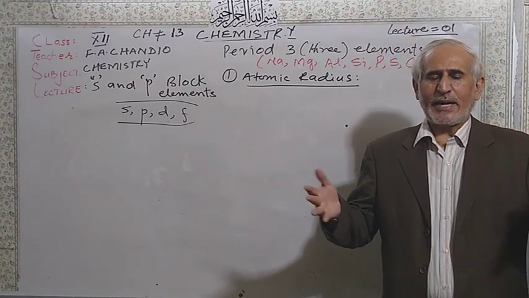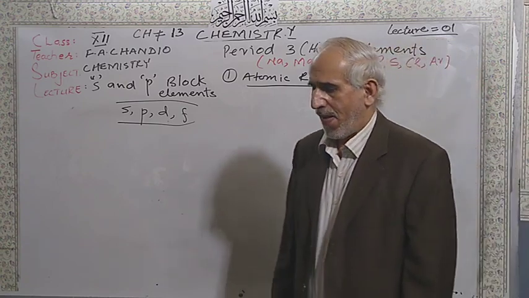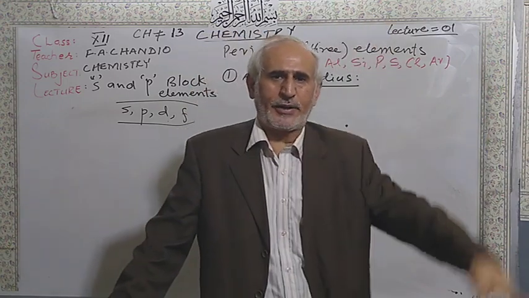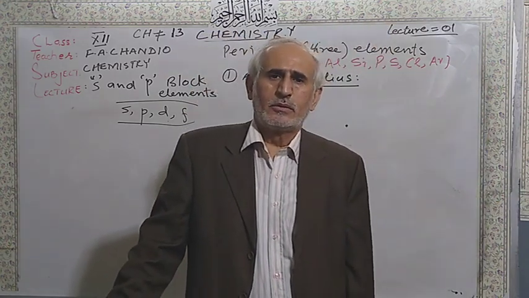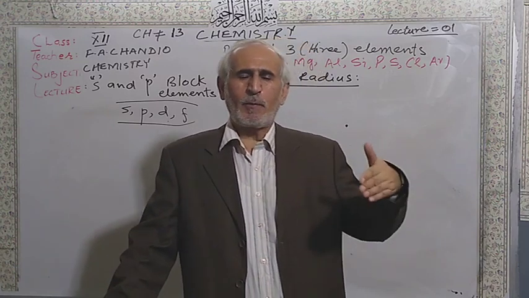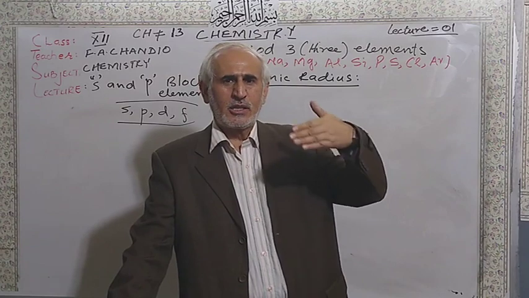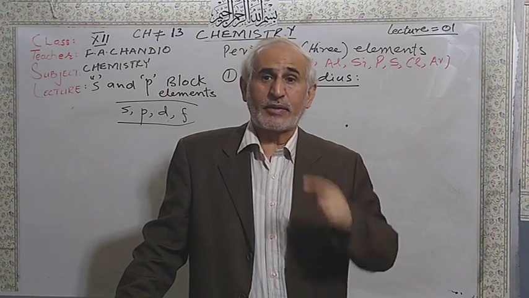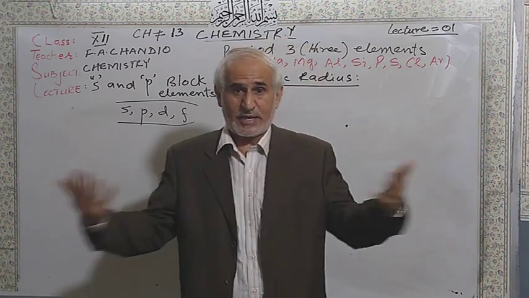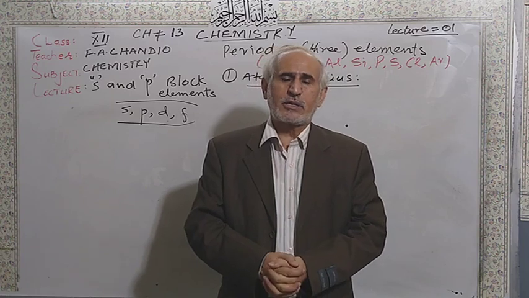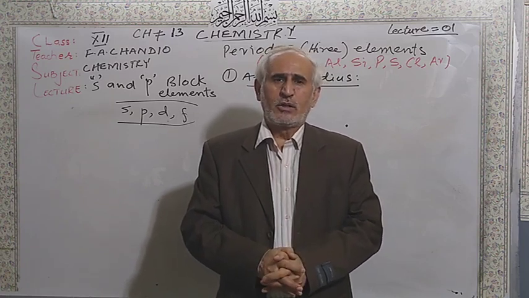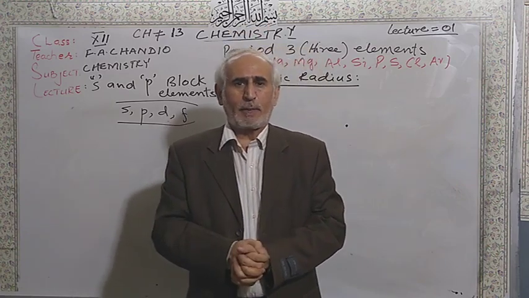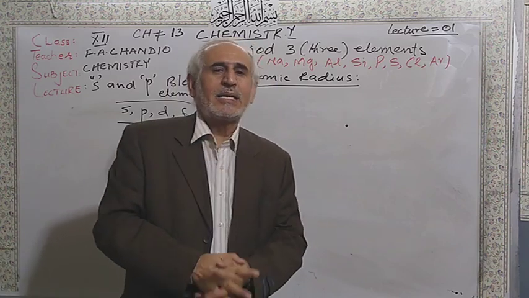So atomic size or atomic radius is defined as the distance from the center of the nucleus to the valence shell of an atom. It is also half of the distance between the two nuclei of atoms. The distance from the nucleus to the outermost shell of an atom is called the atomic radius.